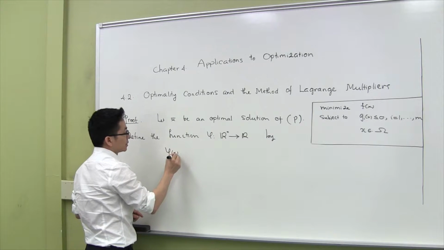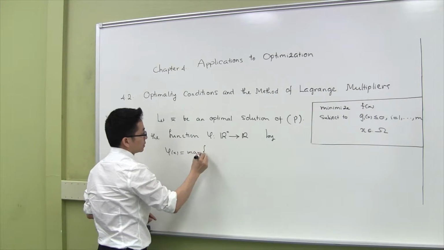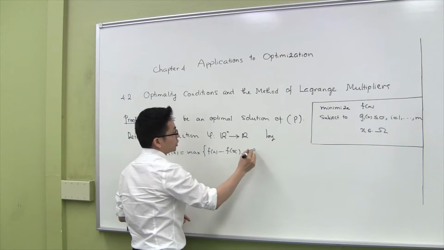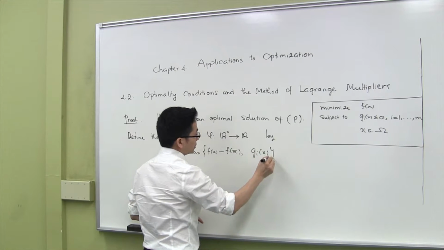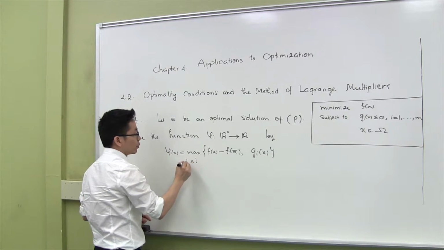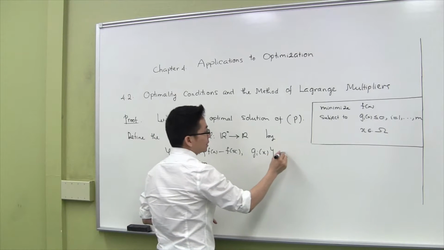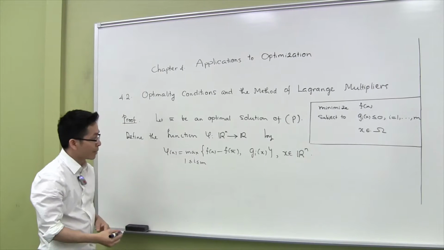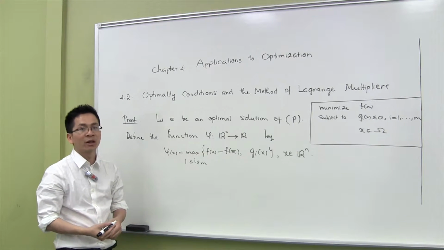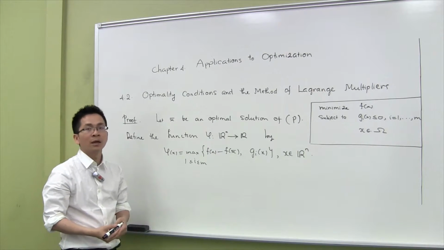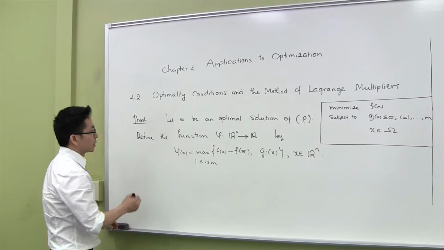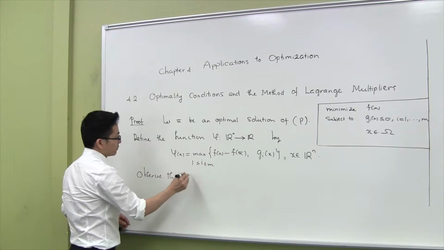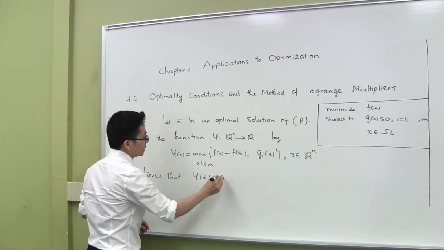Phi of x is the max of f of x minus f of x bar, and gi of x, where i runs from 1 to m, and x here is in Rn. So because phi is the maximum of a finite number of convex functions, phi is also a convex function. Observe that phi of x bar is equal to 0.